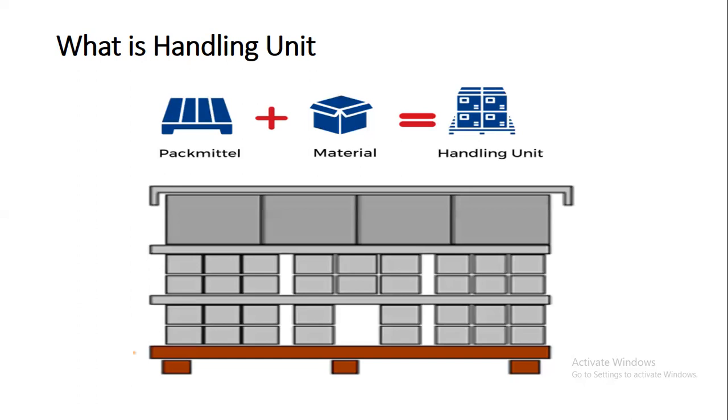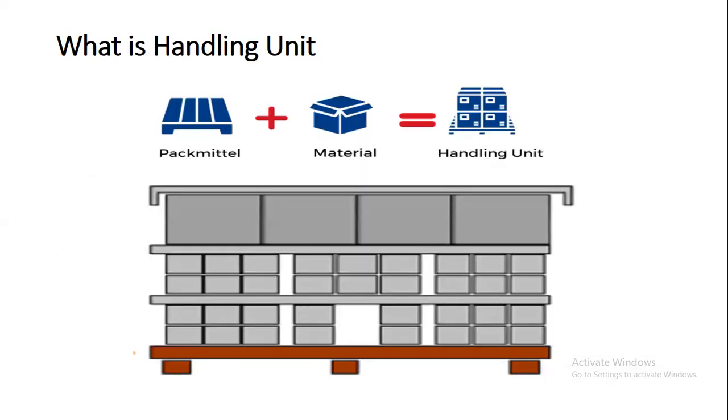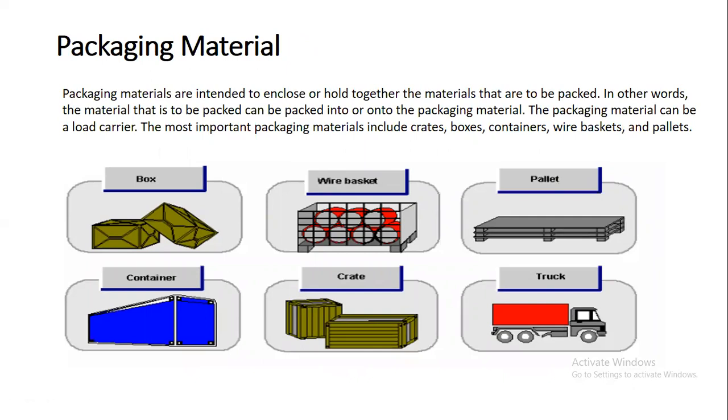That complete information we can track and trace with the help of the handling unit, right? Now, as we just saw, the combination of packaging materials and actual materials is called a handling unit. So let us see now what a packaging material is.